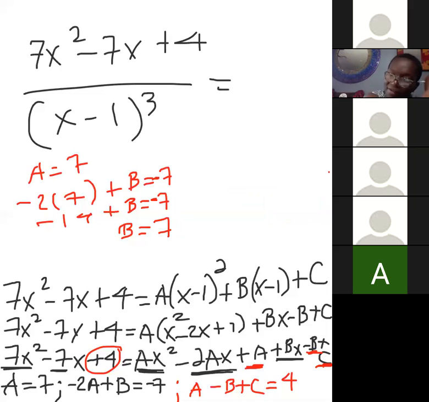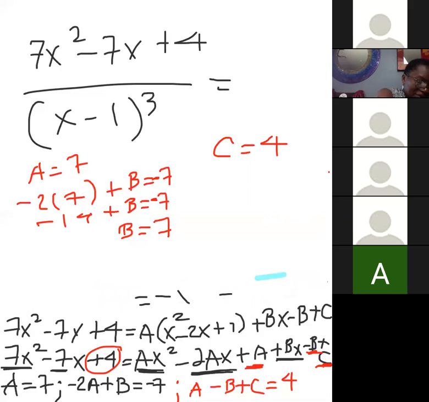If A is 7 and B is 7, guess what C is going to be? 4. Wait a minute now. Oh, okay. So let's write out the partial fractions. Wow, isn't this an interesting outcome?